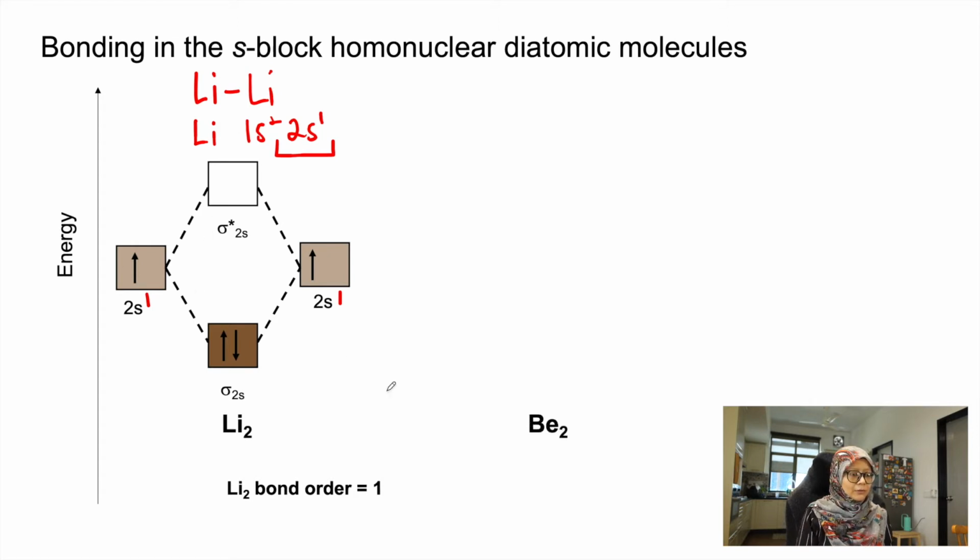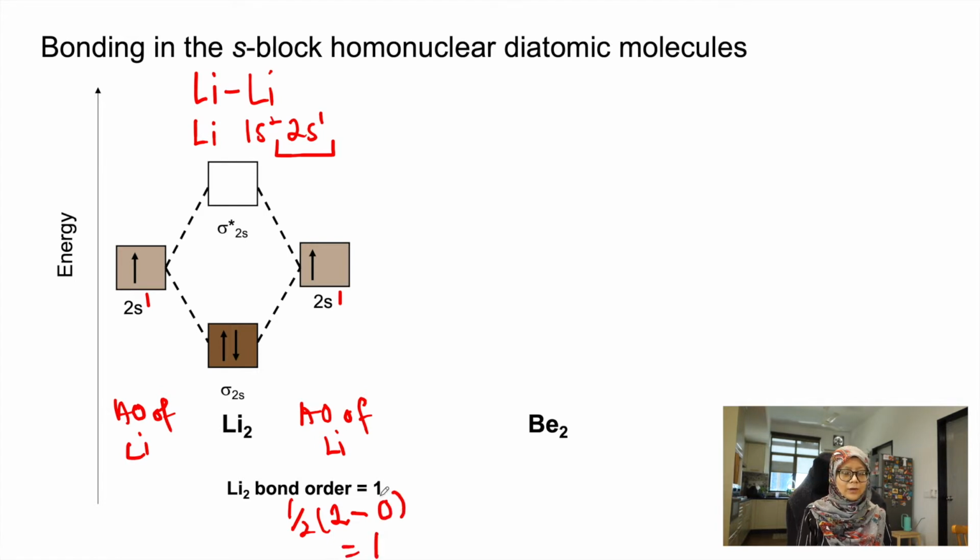Don't forget to label the atomic orbitals of lithium. From this molecular orbital, we can determine the Li2 bond order. The formula is half times the bonding electrons minus the non-bonding electrons, which is 0, so it gives a bond order of 1.